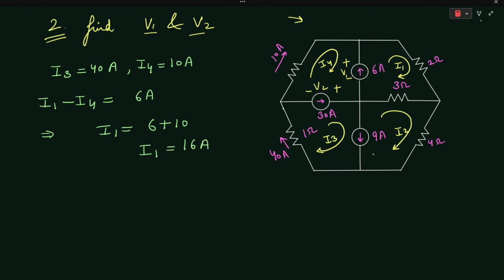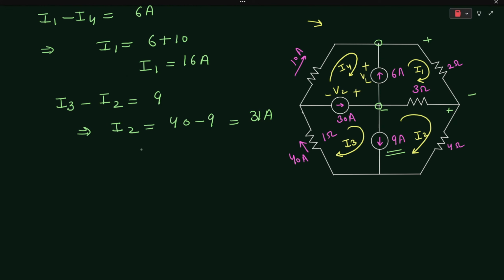Similarly, for this current source, we can see that I3 minus I2 is equal to 9 amperes. So the value of I2 will be equal to 40 minus 9, which is 31 amperes.